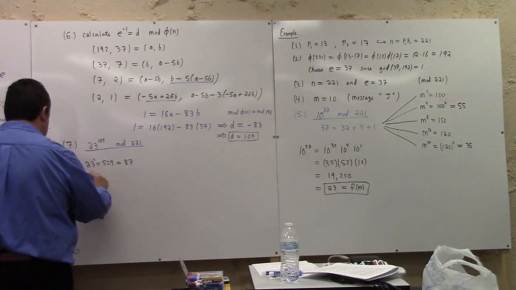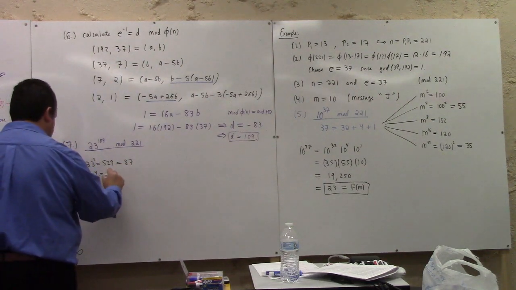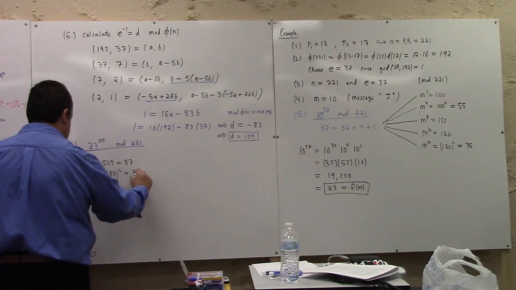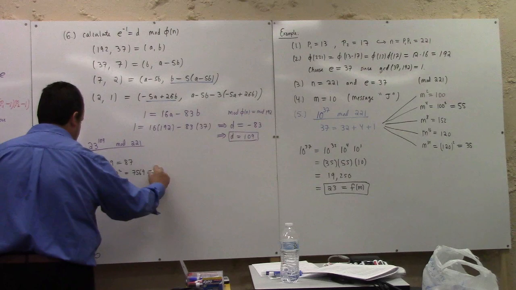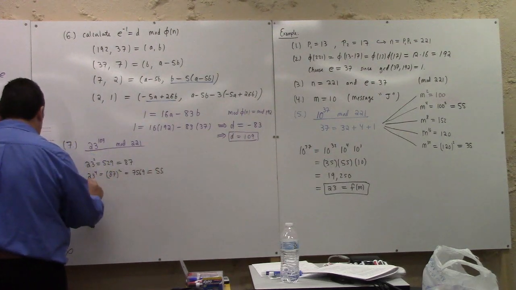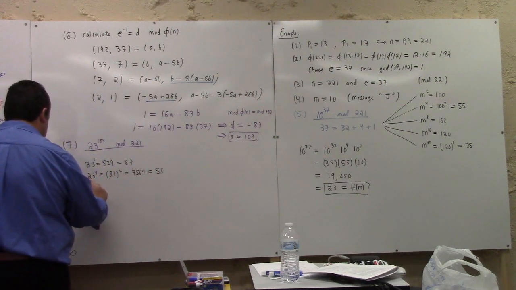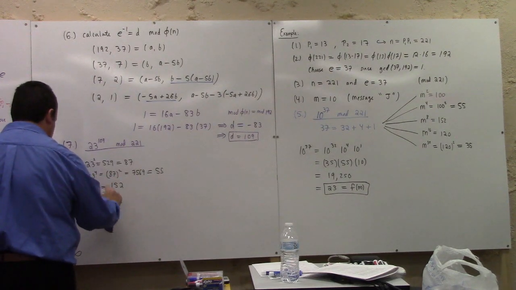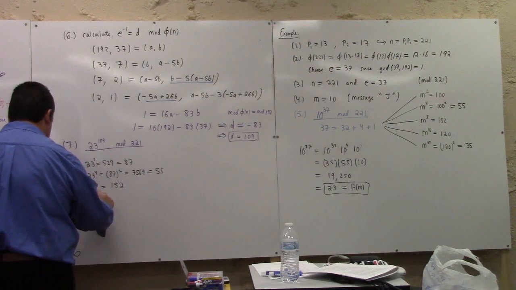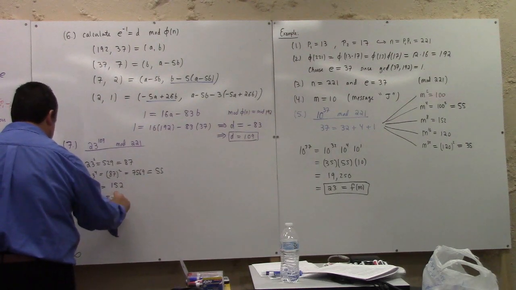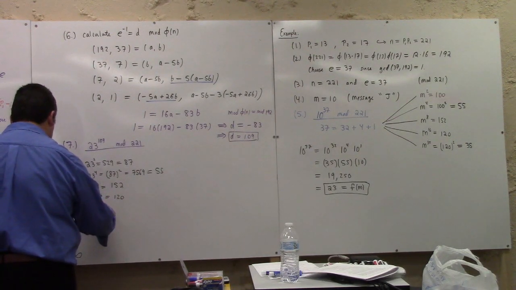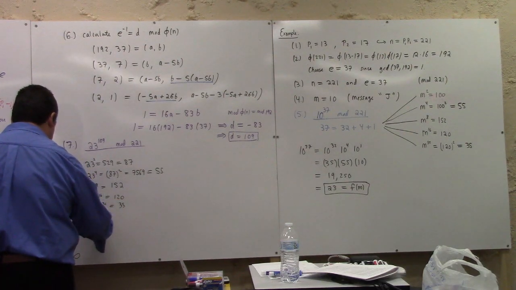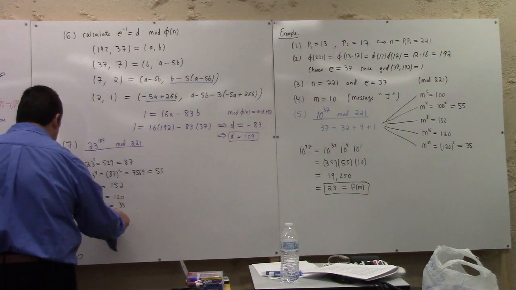I do 23 to the 4th. That's 87 squared, which is 7,569, which, by the way, is congruent to 55 mod 221. 23 to the 8th is 152. 23 to the 16th is 120. 23 to the 32nd is 35. 23 to the 64th is 120.